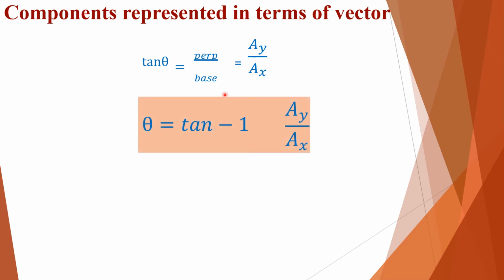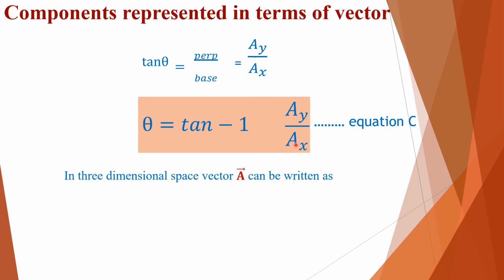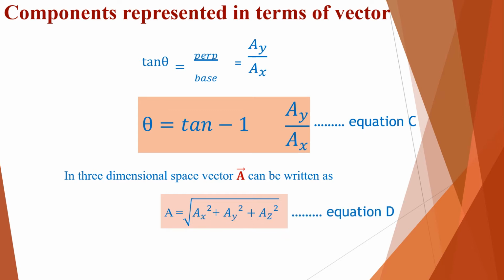For finding theta, we can shift tan to the right hand side and we get theta is equal to tan inverse AY divided by AX. Let's say it is equation number C. In three-dimensional space, the magnitude of vector A can be written as A is equal to square root AX square plus AY square plus AZ square. Let's say it is equation number D.